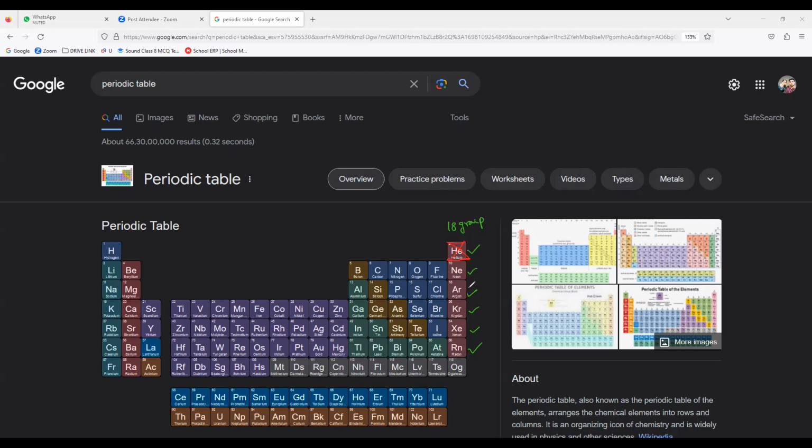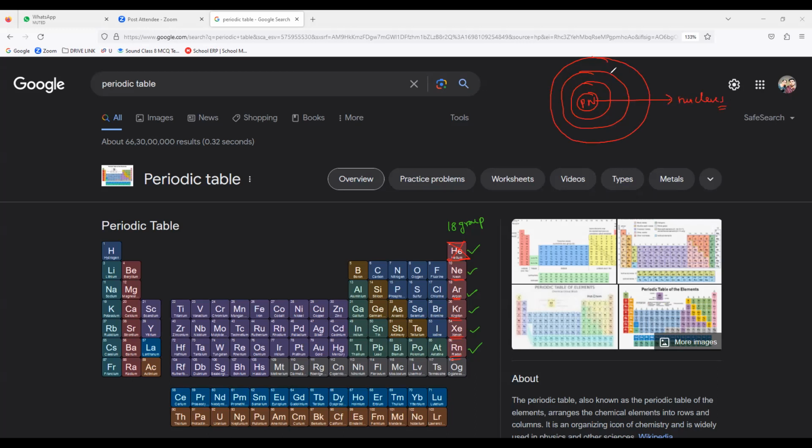Other than helium, the remaining neon, argon, krypton, xenon, and radon, every element, remember, if this is the structure of the atom, electrons are revolving around the nucleus. Electrons are revolving around what? Nucleus. Protons and neutrons are present in the nucleus.